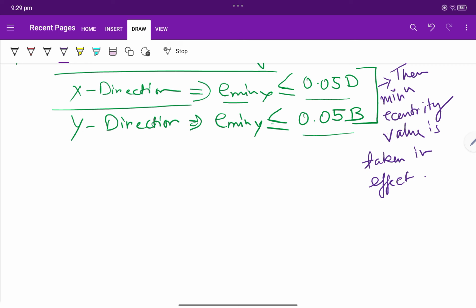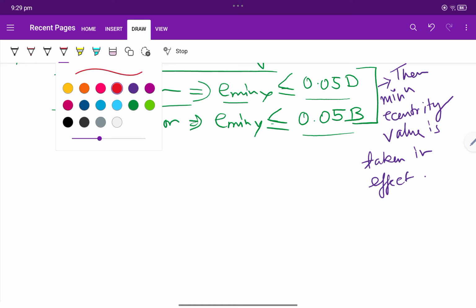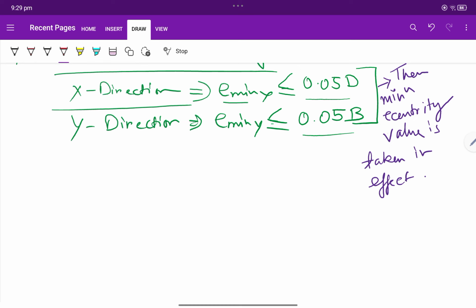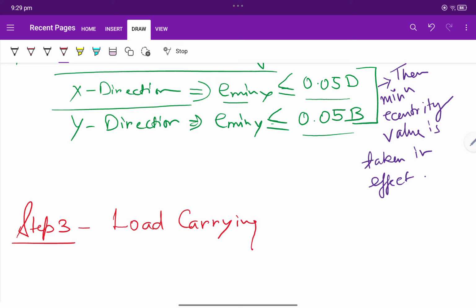Now we will see the load carrying formula. Step 3 will be the load carrying capacity formula, that is represented as PU.